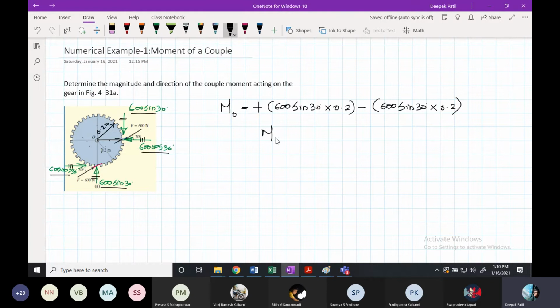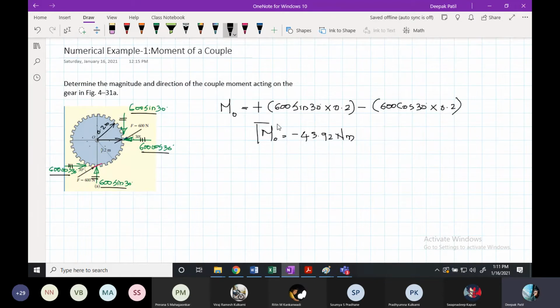So the net moment is 600 sin 30 into 0.2 minus 600 cos 30 multiplied by 0.2. I am getting a negative answer, that is minus 43.92 newton meter.